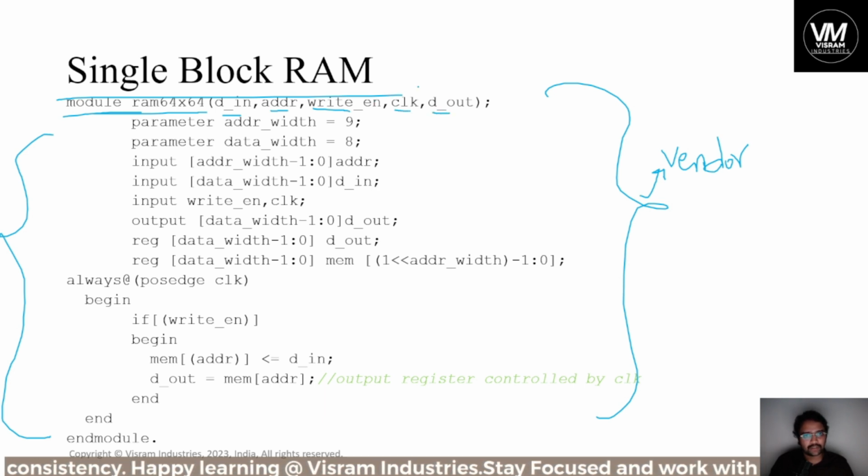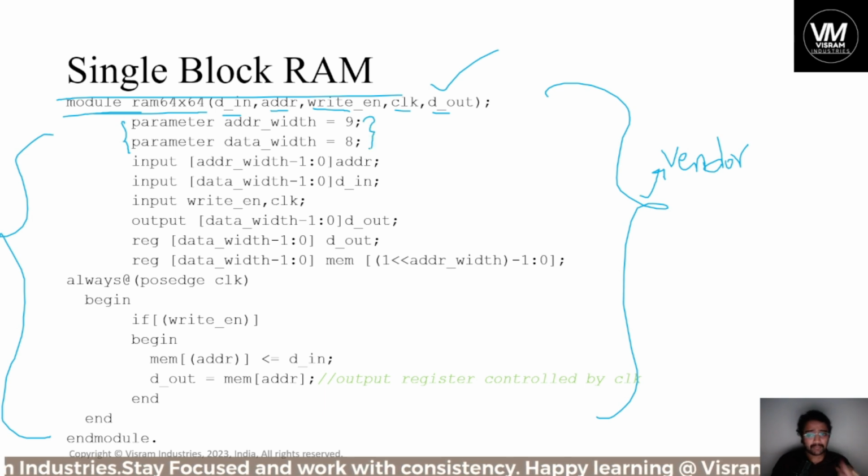All these inputs and outputs are declared in this manner, and you have to mention parameters. Layman understanding is nothing but address width will be 9 and data width will be 8, and these parameters are mentioned to use them universally in the neighboring Verilog HDL modules as well.